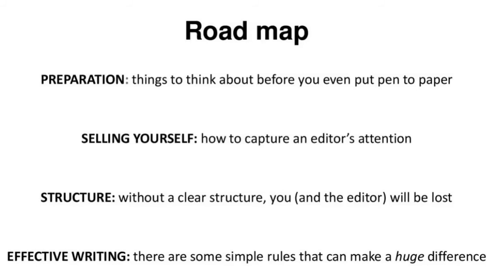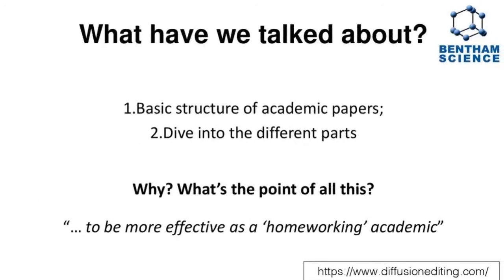Develop the structure as we've discussed today, otherwise you, the editor, the peer reviewers, and the readers will get lost, and use effective writing techniques, which I know is difficult if English is not your native language, but we'll talk about this in later presentations. We'll give you some insights, some tricks, and some ideas around the structure that we've talked about today in order to make a difference to your efficiency as writers.